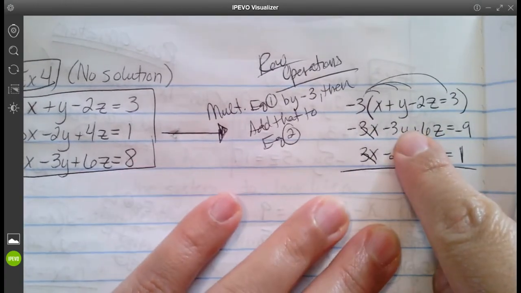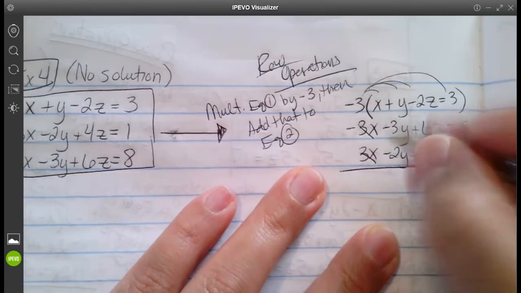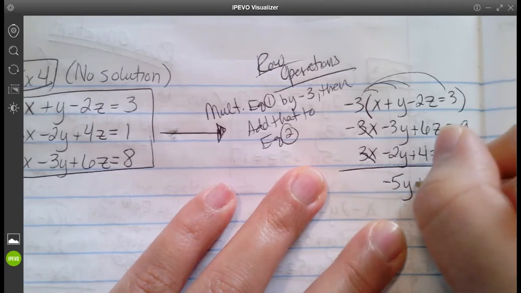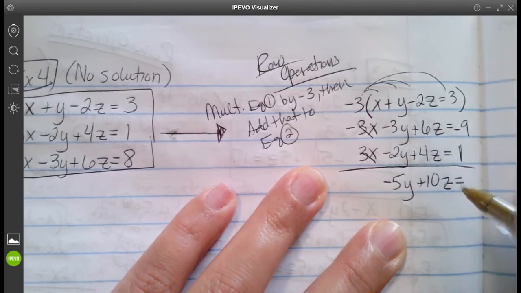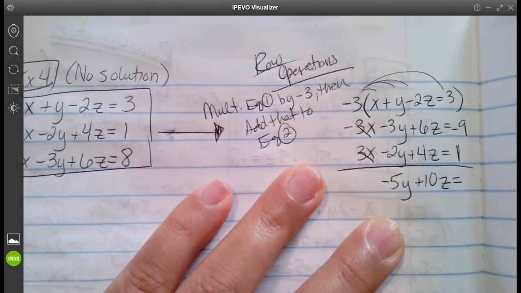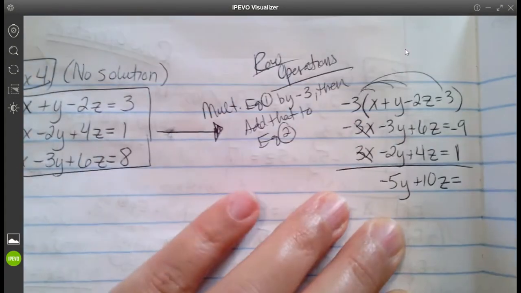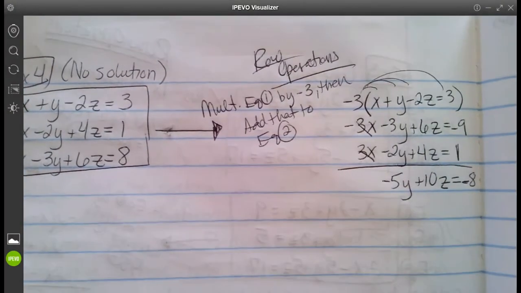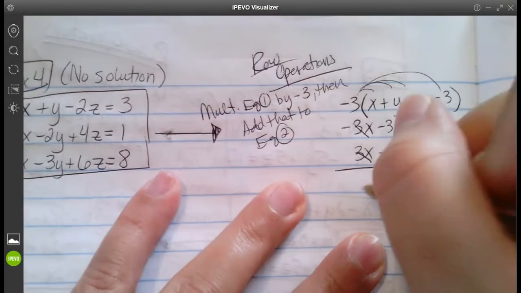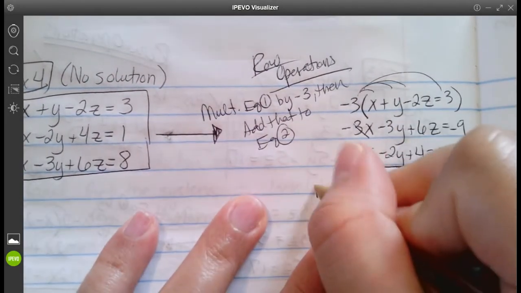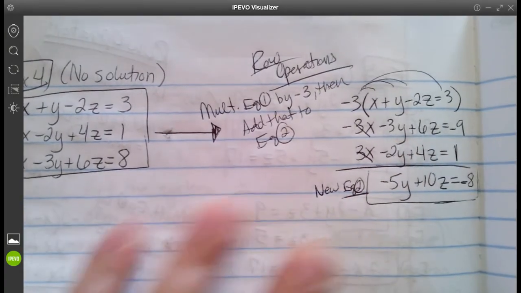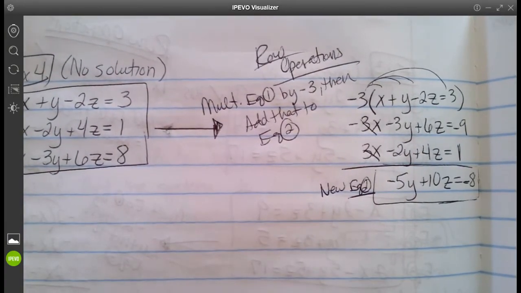Negative 3y minus 2y is negative 5y. 6 and 4 gives us 10z. Negative 9 and 1 is going to give us negative 8. My bad. Now this becomes our new equation 2.